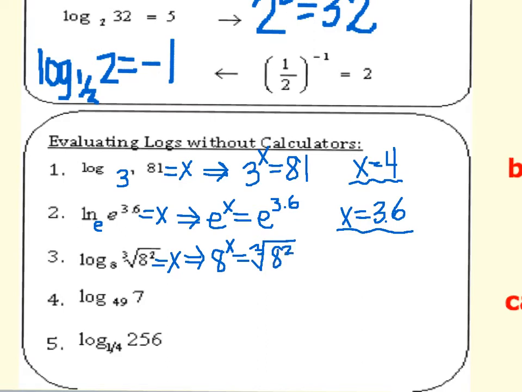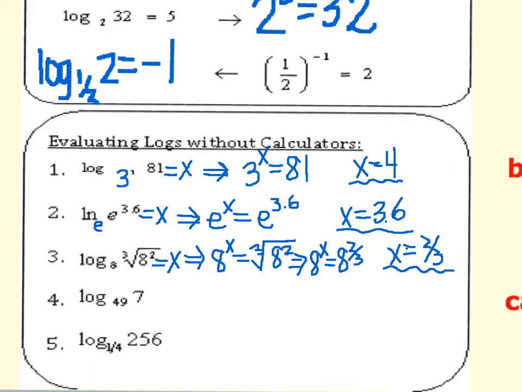And remember, a cubed root, we can really make that to the 1/3 power. So I can say this is 8 to the x equals 8 to the 2/3, because 1/3 times 2 would be 2/3. So now we have x as the exponent here and 2/3 as the exponent here. So we know x equals 2/3.